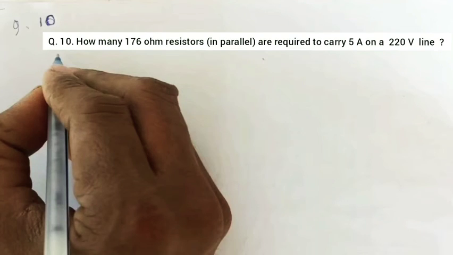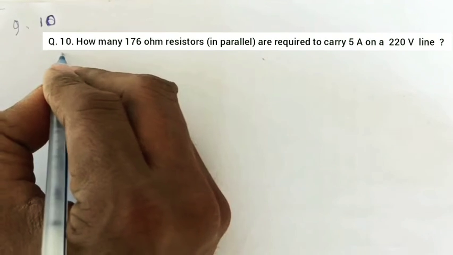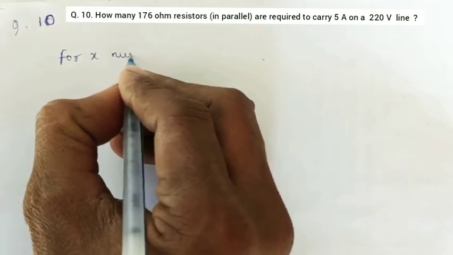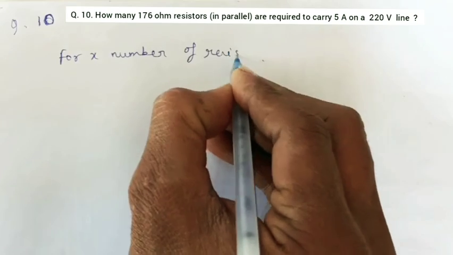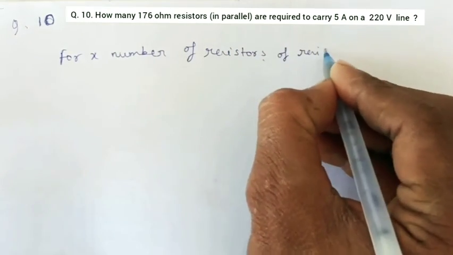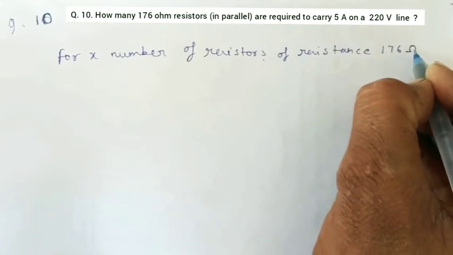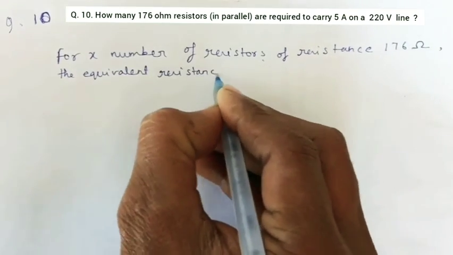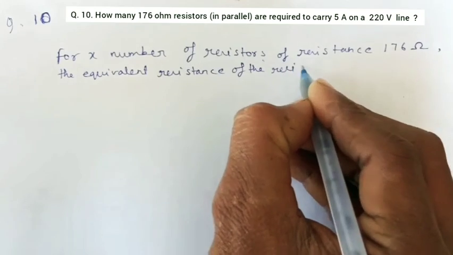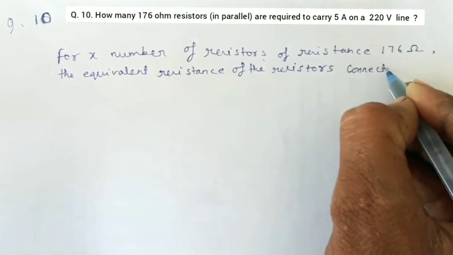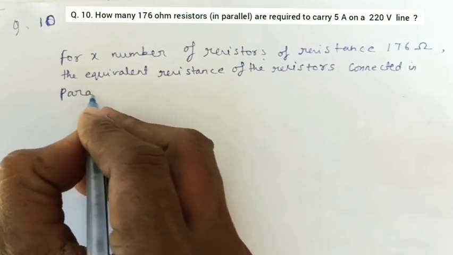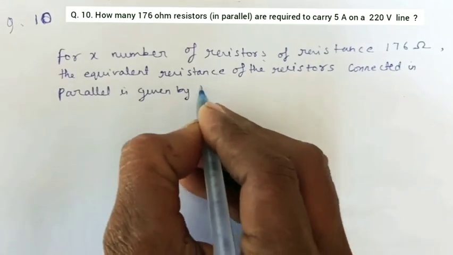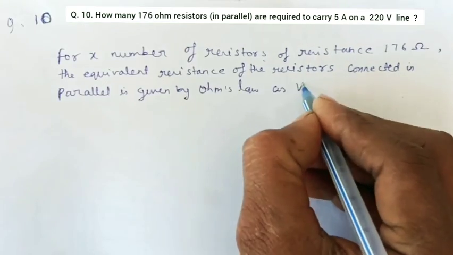How many 176 ohm resistors in parallel are required to carry 5 ampere on a 220 volt line? For X number of resistors of resistance 176 ohm, the equivalent resistance of the resistors connected in parallel is given by Ohm's law as V is equal to IR.